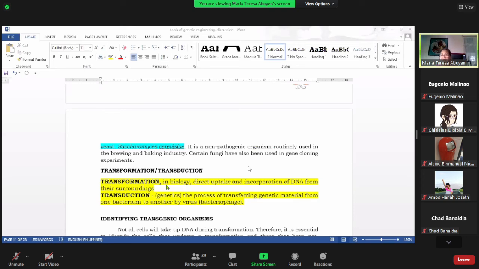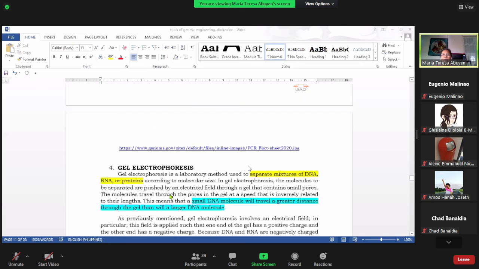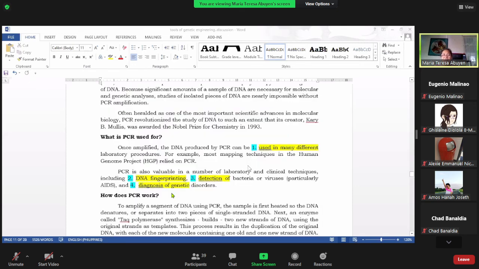They use ligase to join the fragments in the DNA molecule. They also use, what else? Vectors for storage of large fragments of DNA. And aside from that, they also use PCR for amplifying molecules.